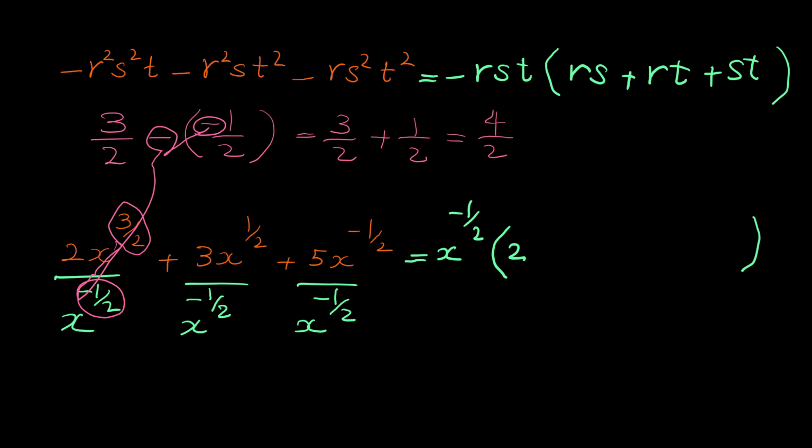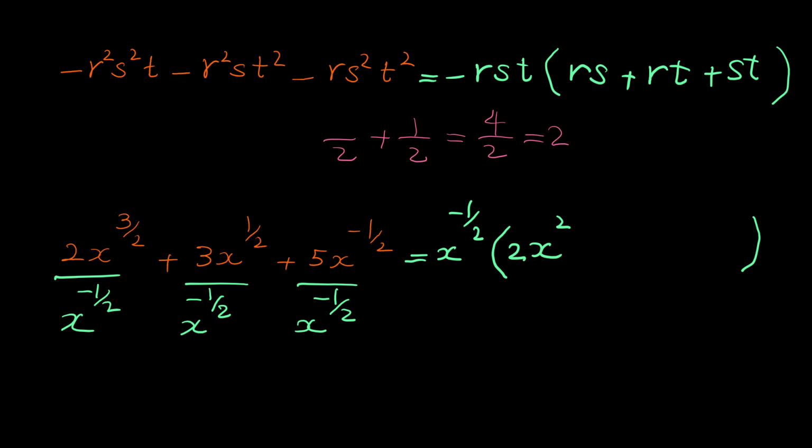Because the denominator is the same, we put one denominator and add the numerators. 4 over 2 is 2. So x to the 3 over 2 divided by x to the negative 1/2 is x to the 2. So 2x to the 2.